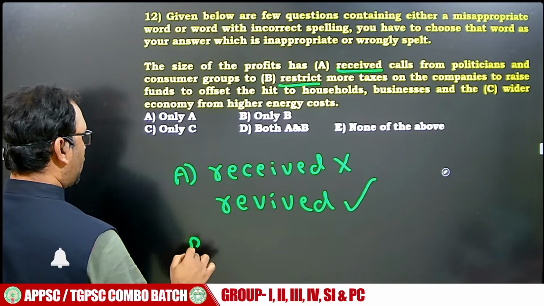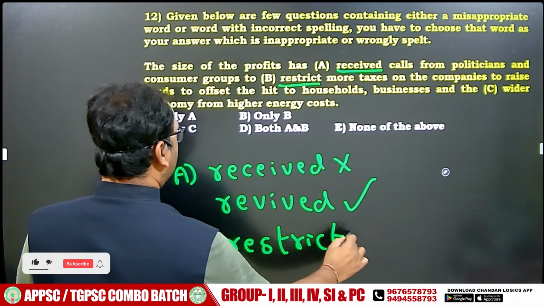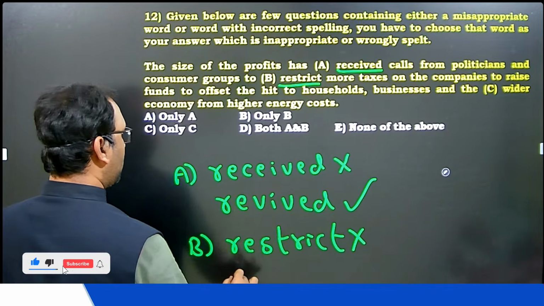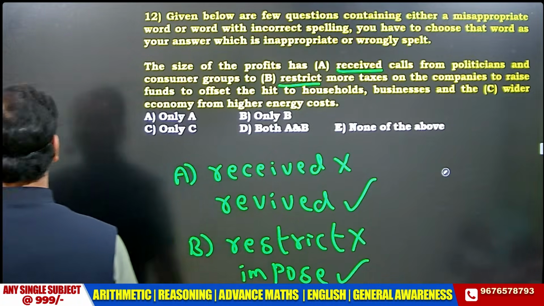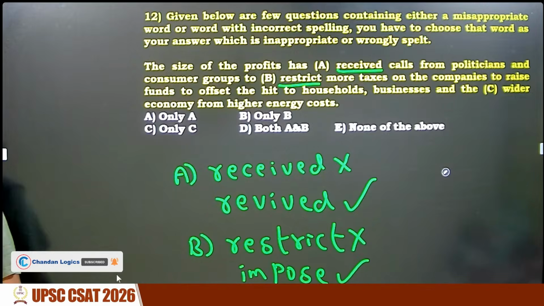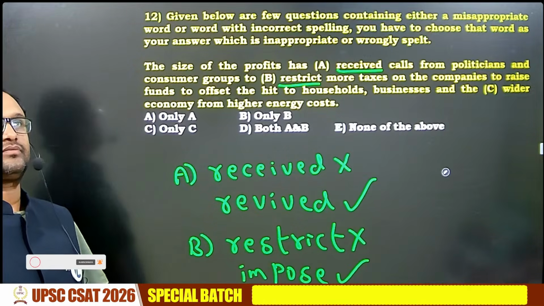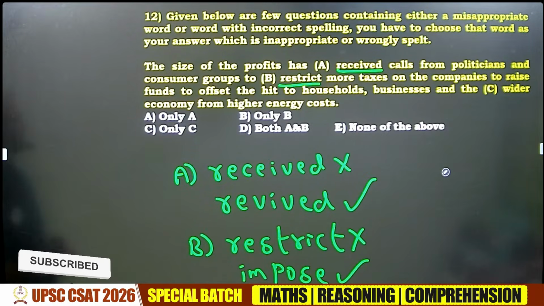Brother, why do you want to use restrict taxes? If you restrict taxes, the meaning is different now. You're talking about imposing taxes. If you say restrict taxes, it is again wrong. You better say impose taxes.